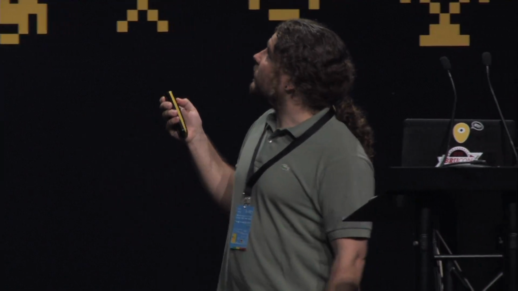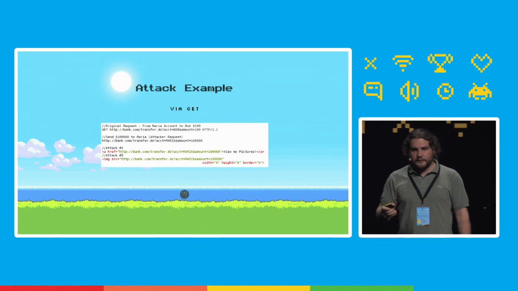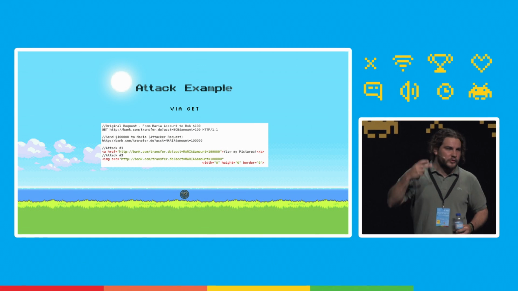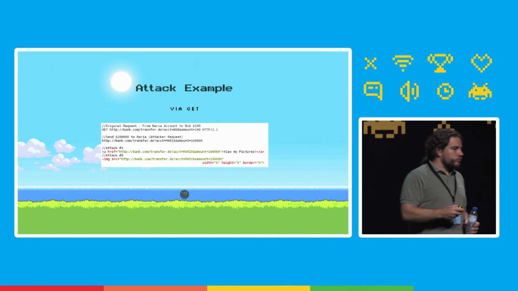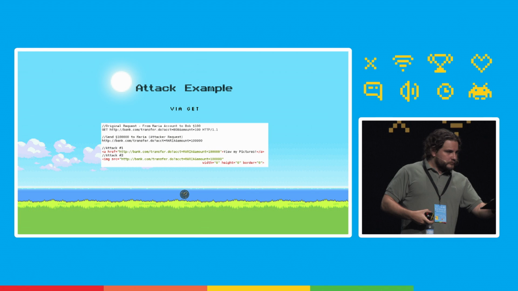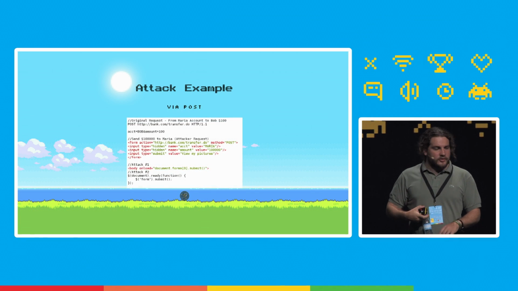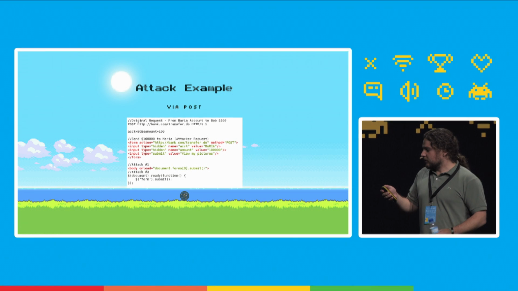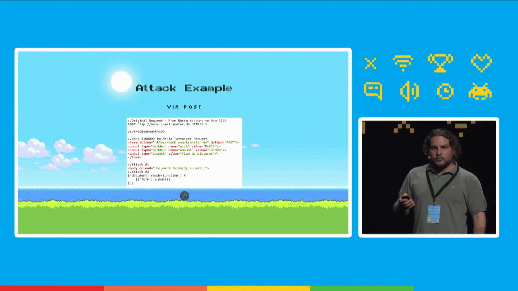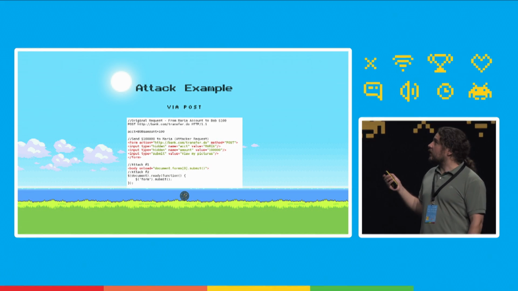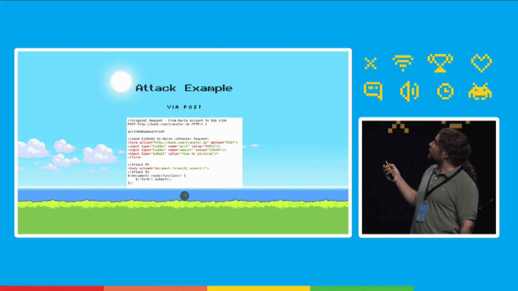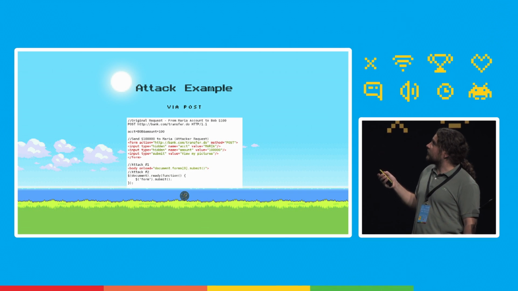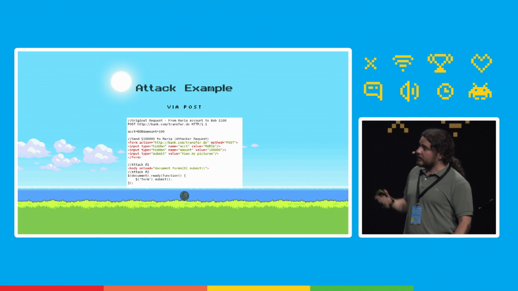Or in a seamless way, just putting it as an image source, so that without him noticing, if he goes to my blog, it will do this request. So pretty straightforward. And via POST, because there are some clever guys who thought that if I do this by POST, it's impossible to exploit. So of course not. You just need to trick the user into visiting the page and submit the form automatically. Vanilla form, jQuery, whatever, similar attacks.